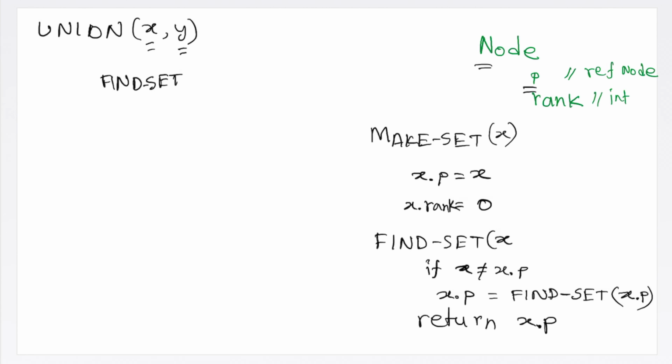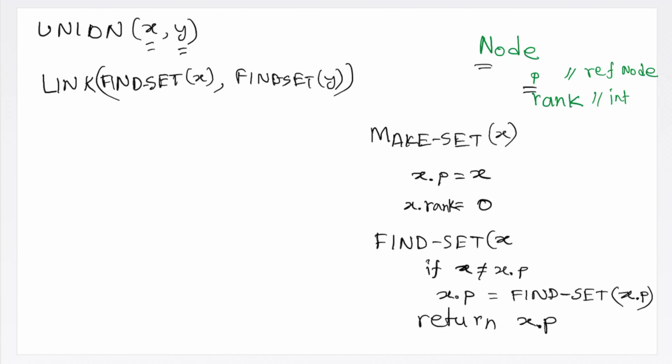That is, we have to call the findSet function with x, and also we have to call findSet with y. As a result, we will receive the set that contains x and the set that contains y. We will use another function named link, which will link these two sets.